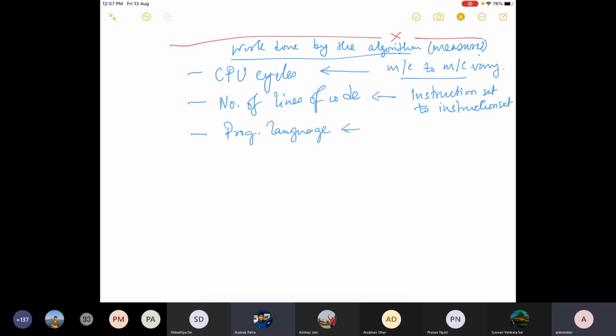This will vary from language to language. Then what?